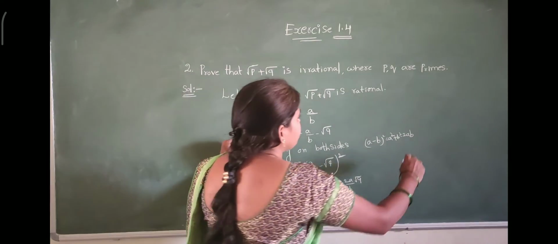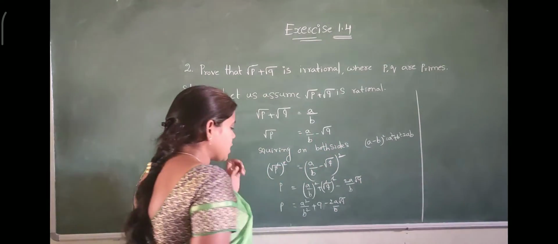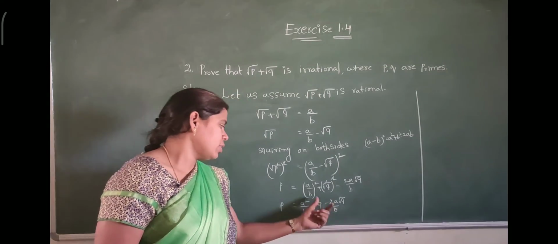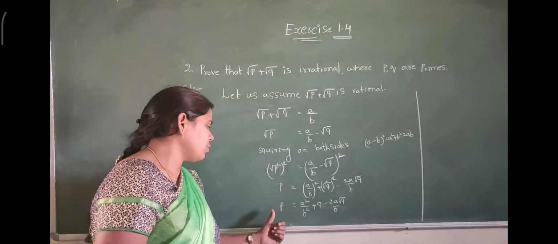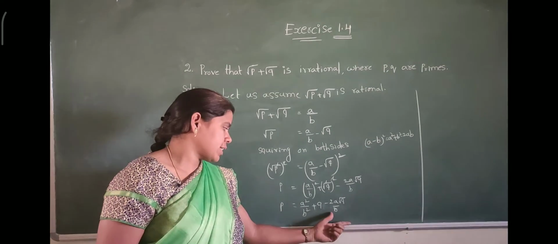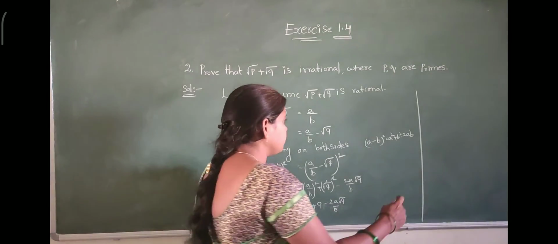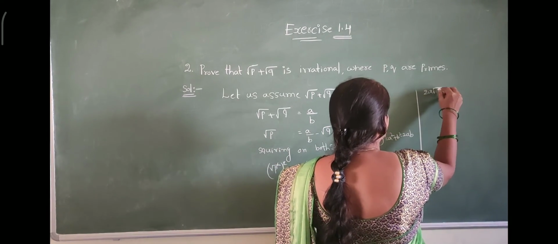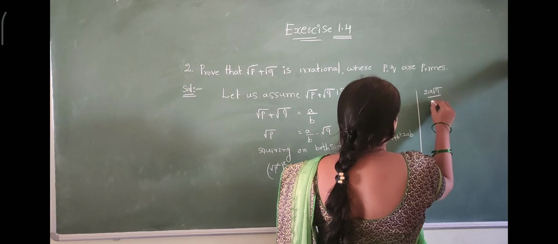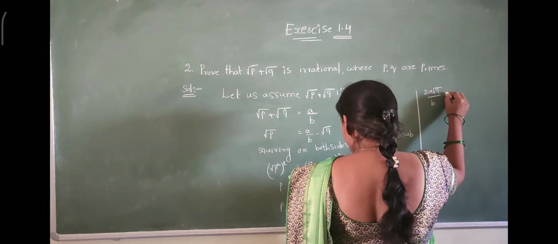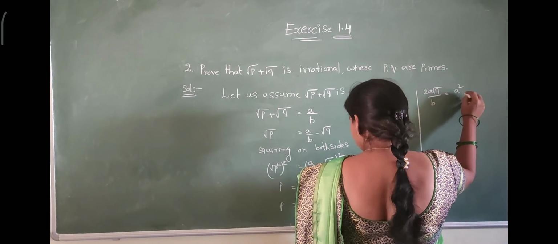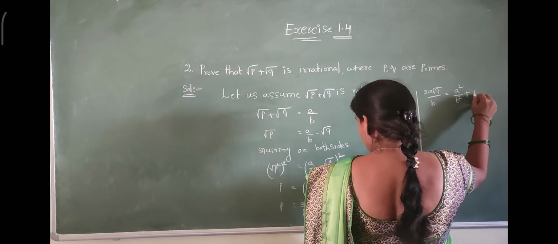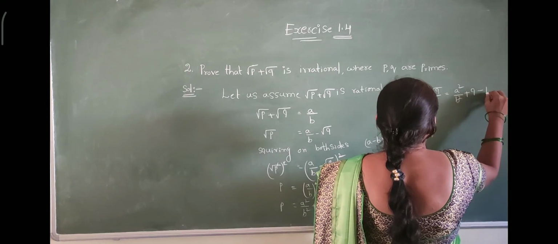If you transpose minus 2a root q by b to LHS and p from LHS to RHS, what will we get? 2a root q by b is equal to a square by b square plus q minus p.